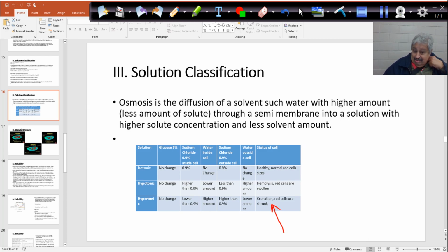So anyway, because the H2O will diffuse out, the cell will shrink, and if you Google the picture, it looks very, very scary, like spooky, like Halloween. You can see the bones, because all the water is out. What's really making up the size?